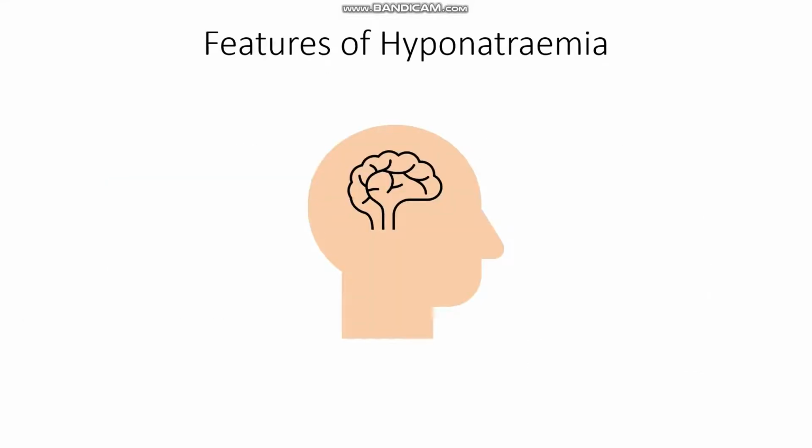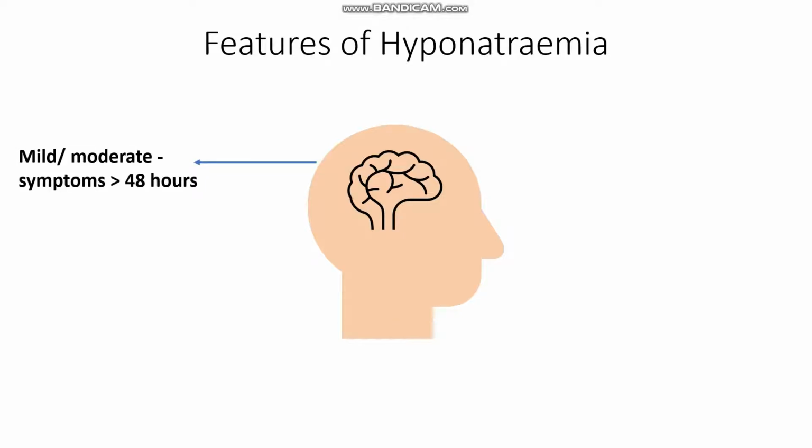So now that we've established that this patient may have true hyponatremia, what are some features of hyponatremia? Features of hyponatremia may vary from mild to moderate to severe. Mild to moderate features of hyponatremia usually occur over a period of 48 hours, as in they last longer than a period of 48 hours.